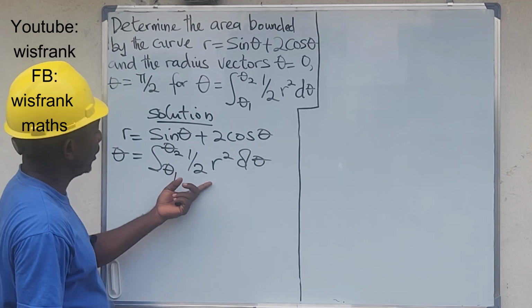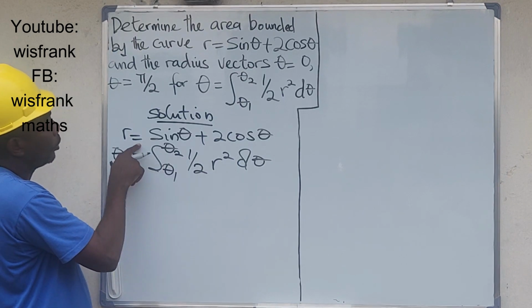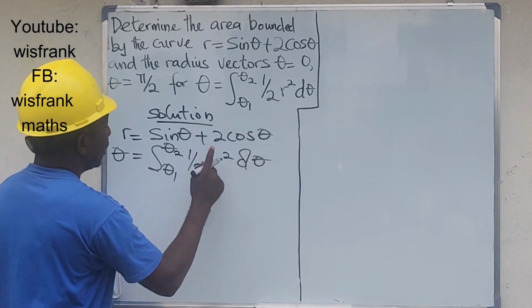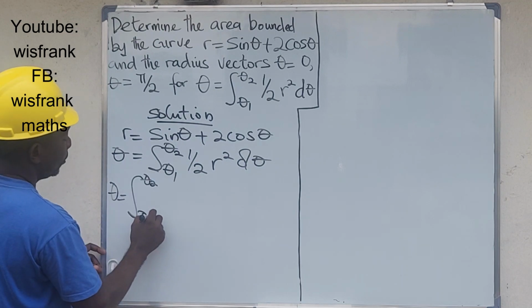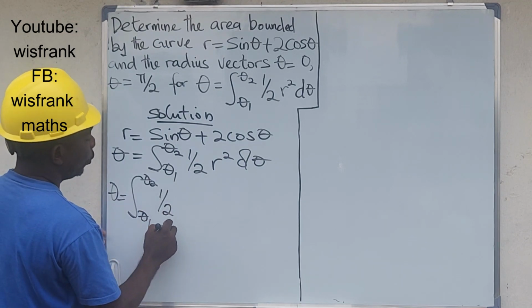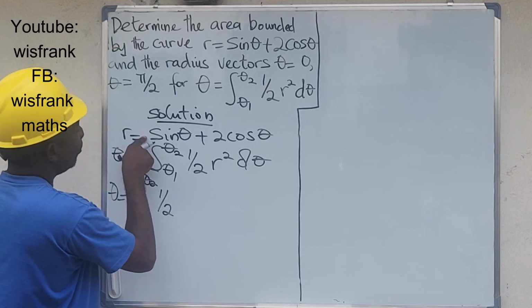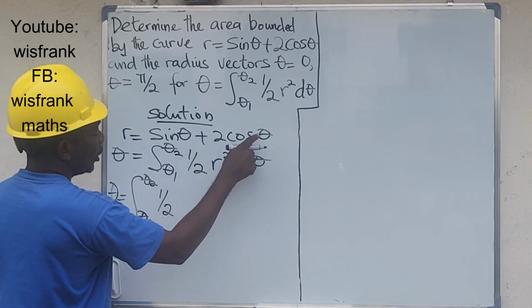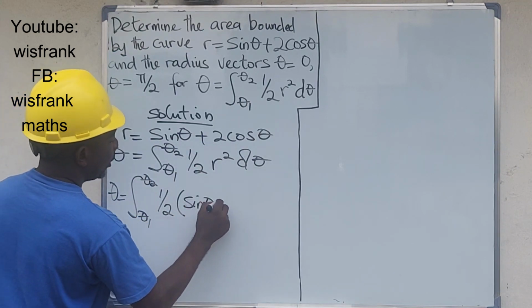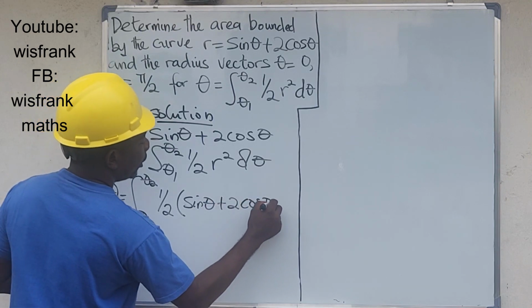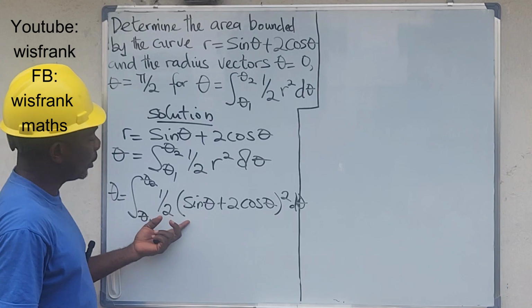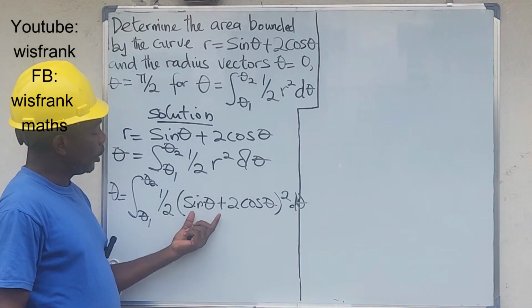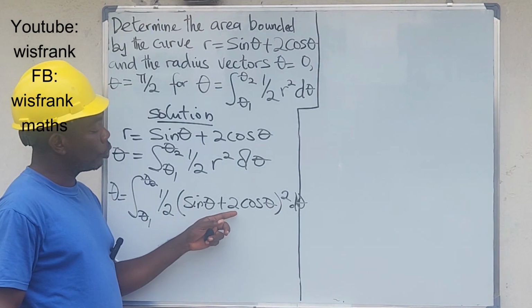We are told that r equals sine theta plus 2 cos theta, so we replace r with sine theta plus 2 cos theta. This will be sine theta plus 2 cos theta all raised to the power of 2 d theta. So we have the square of sine theta plus 2 cos theta.